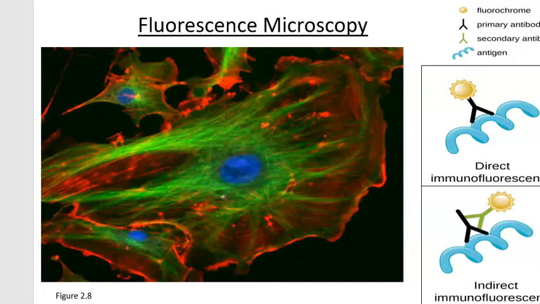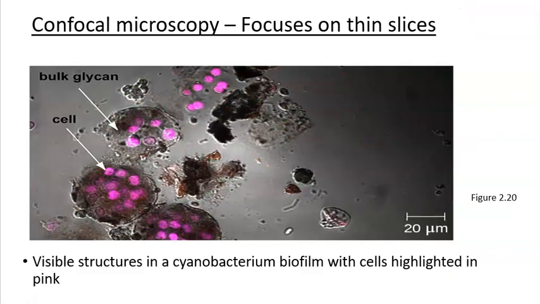Another version of this that people have come up with is what's known as confocal microscopy. And here, your light is actually being shot by a laser, and so you're able to very precisely shine your light on specific areas of it. And so that's where we get this confocal part of it right there. You focus this small beam of light at one depth, and then it moves over to the next spot, and then the next spot.